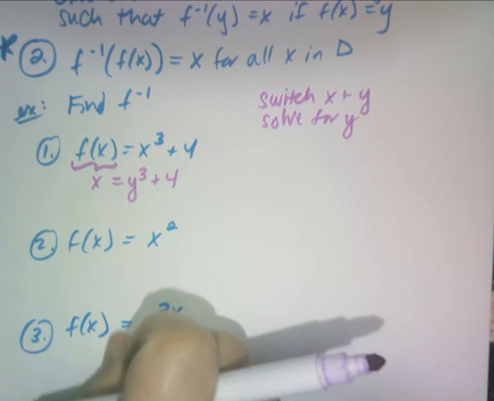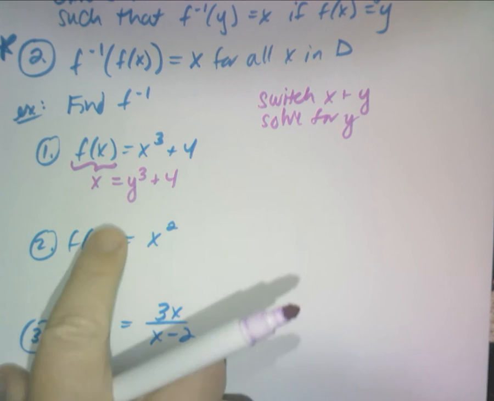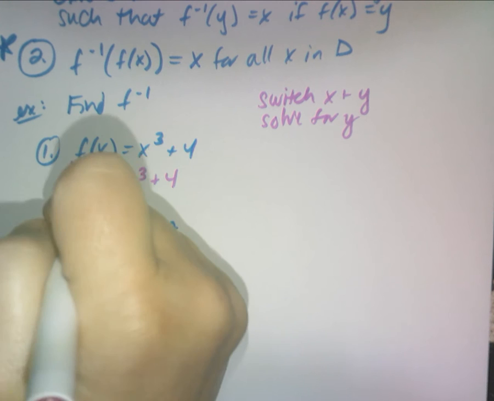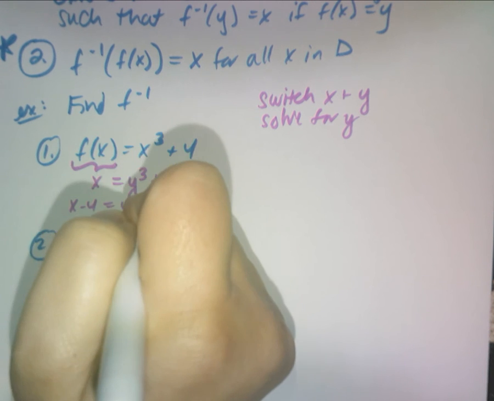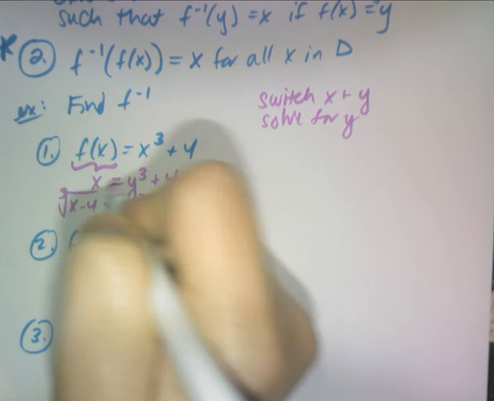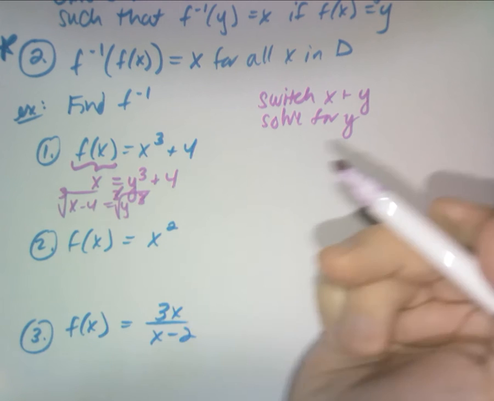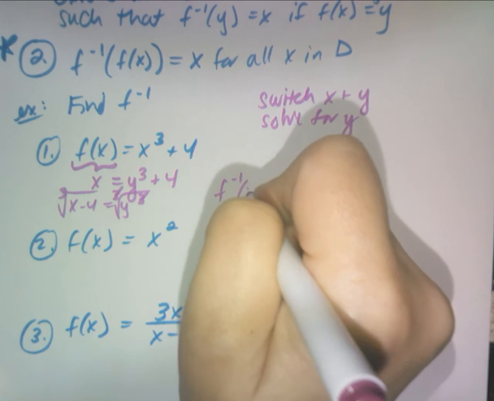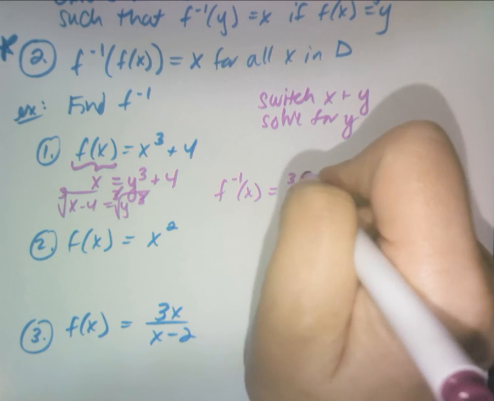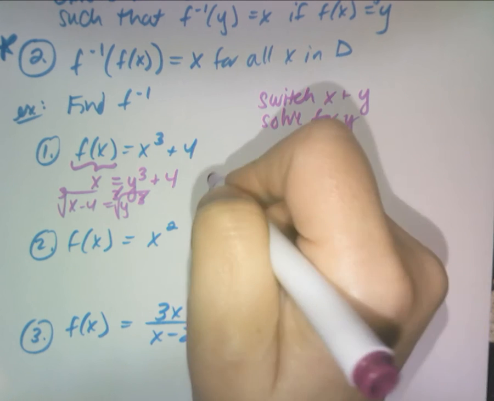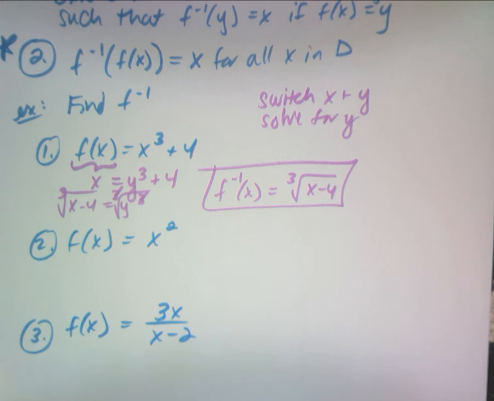So your algebraic skills should be on point right now. What would you do? Subtract 4 and then do what? Cube root. And then you can be fancy about it. You can write, the inverse function is equal to the cube root of x minus 4. Okay, same thing here.